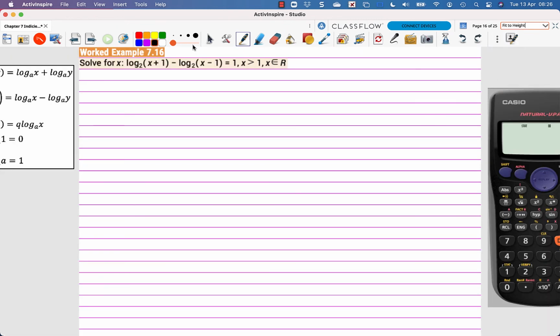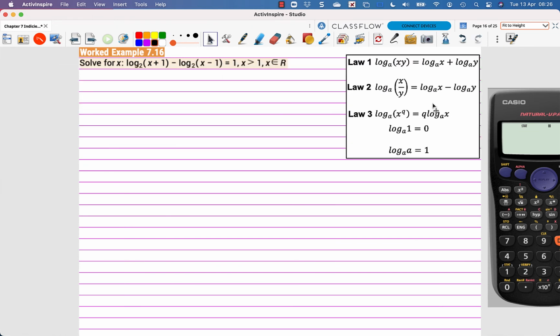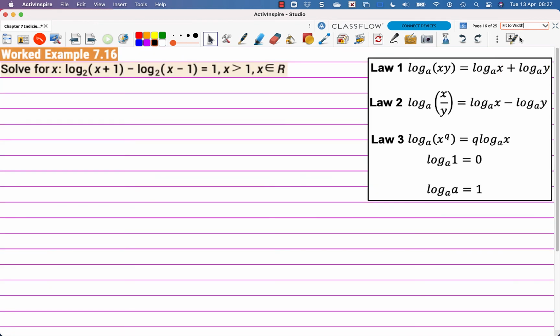The laws of logs are in the formulas and tables book, and I'm just going to pull out an extract for us here. We are required to solve this logarithmic equation.